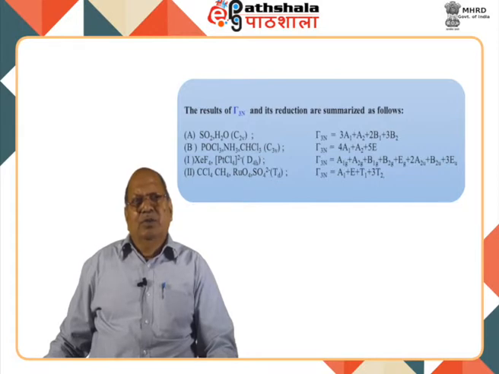For xenon tetrafluoride, we have already seen the result: A1g, A2g, B1g, B2g, Eg plus 2A2u plus B2u plus 3Eu. And for tetrahedral CCl4, etc., we have the result A1 plus E plus T1 plus 3T2. All these examples have been discussed in earlier modules. Here I have repeated only 2.